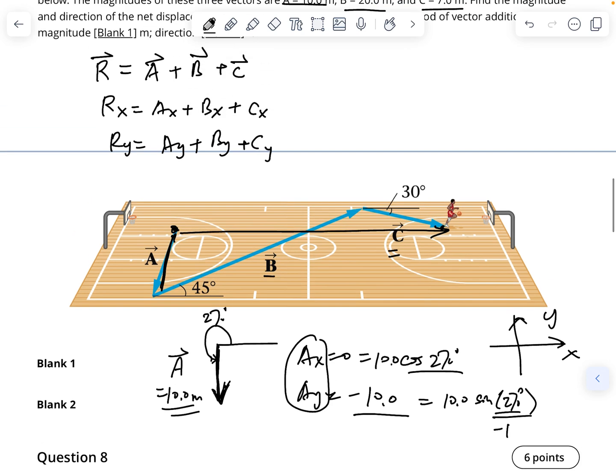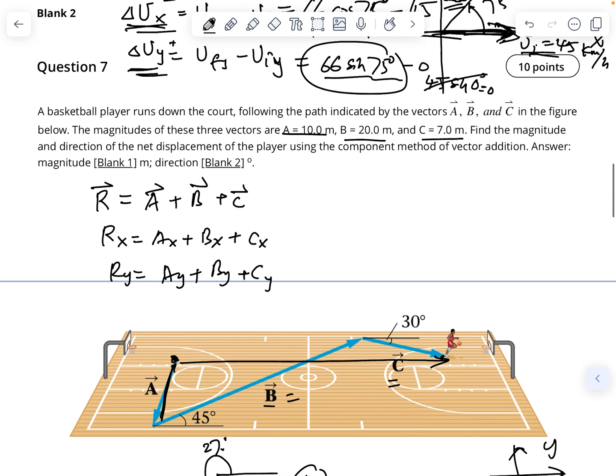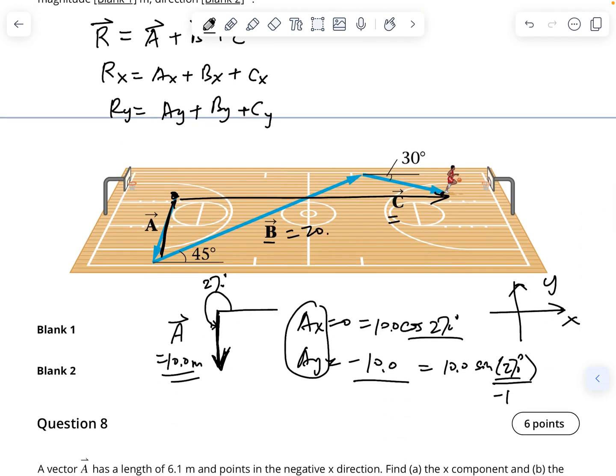Same thing here, you can break down Bx, By. B here is 20, and you see 45 degrees. So Bx equal to 20 cosine 45, By equal to 20 sine 45.